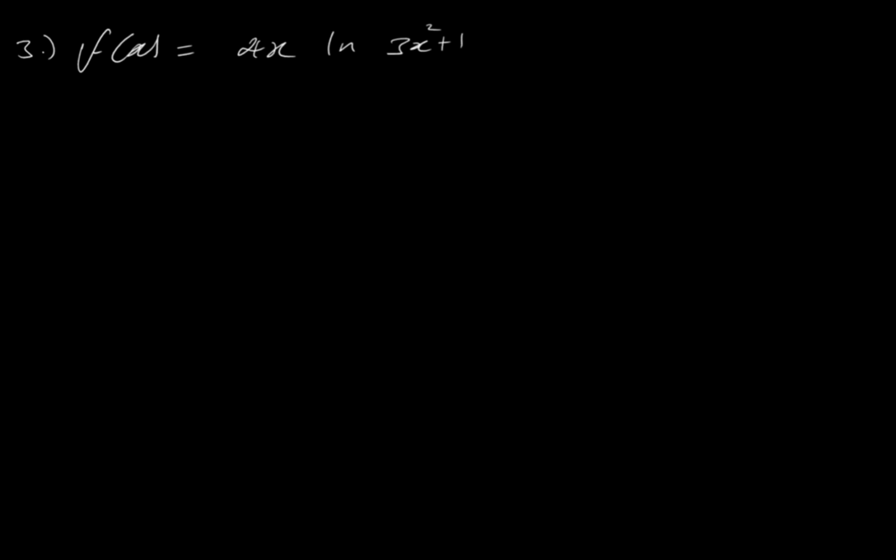So let us look for a and b. A should be the first expression you see or term having the x variable, which is in this case 4x. B should be the second term that you see having the x variable, so you're having ln(3x squared plus 1).